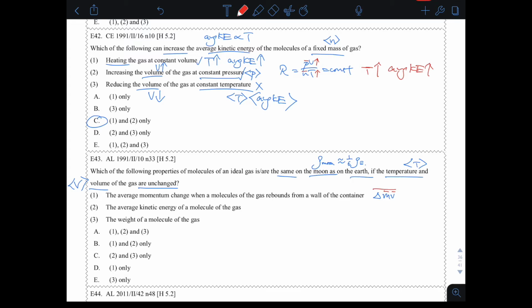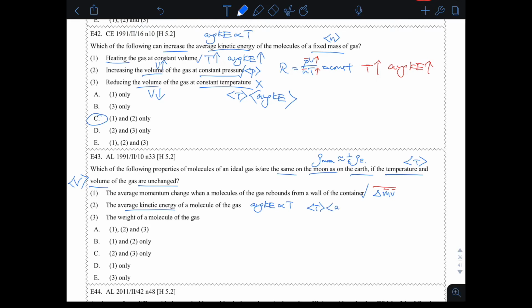Yes, this is unchanged. Next, the average KE. Now you know that the average KE is only related to temperature. So when temperature is unchanged, the average KE is also unchanged. So this is unchanged, yes.